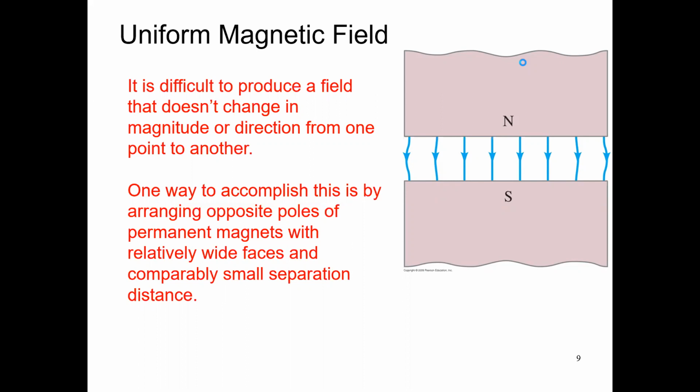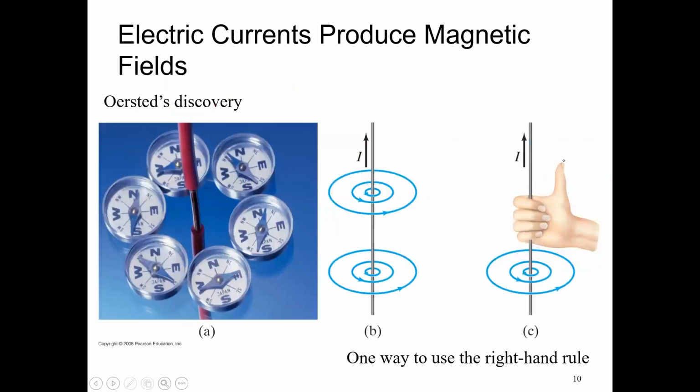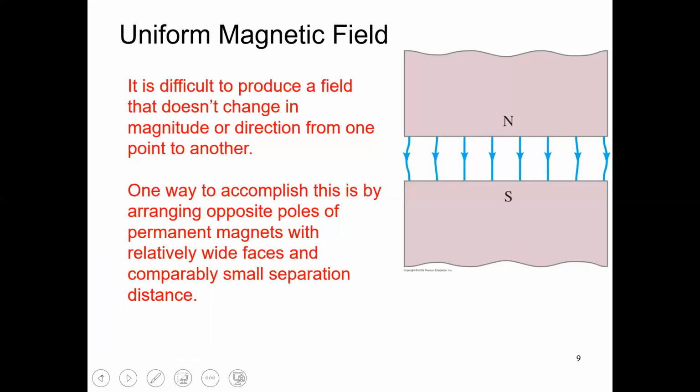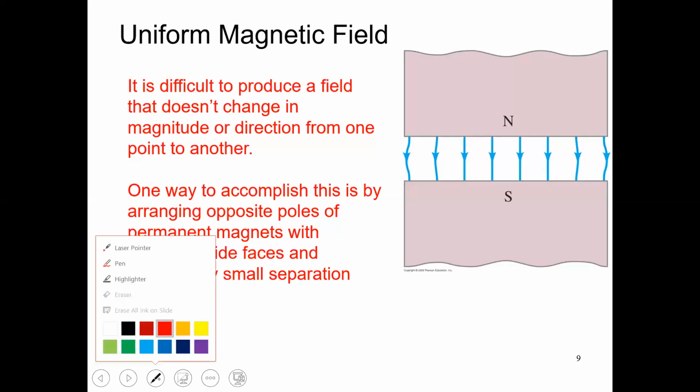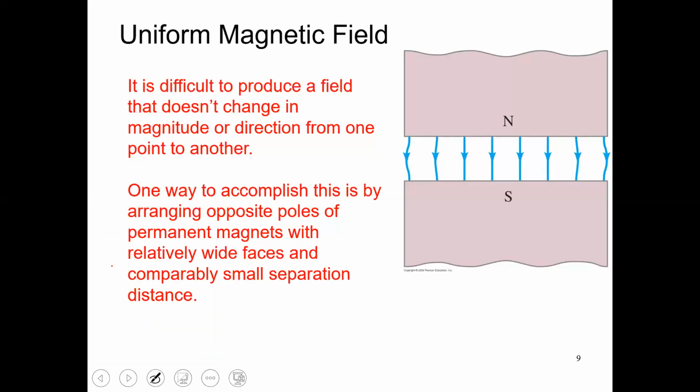So as long as we are looking in this region near the center of the faces, and not towards the edges where there's some fringing, we're going to call that a uniform magnetic field and work within that context.